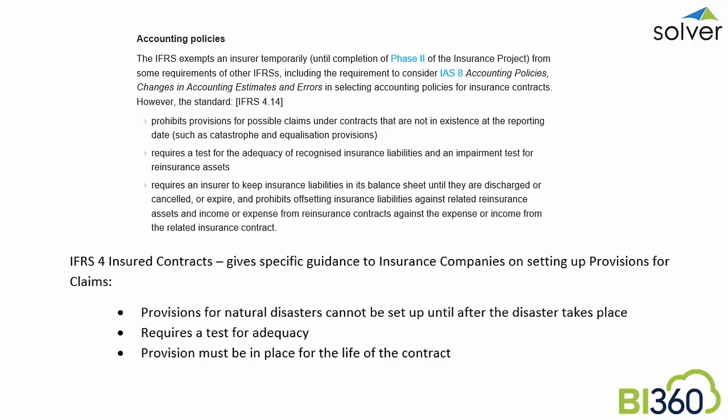So let's say I provided for $750. The customer only filed $690 worth of claims. Once their contract's over and they can't file any more claims, then I can reverse the difference of that provision and unwind it, if you will, that unused $60. I just simply reverse it out.